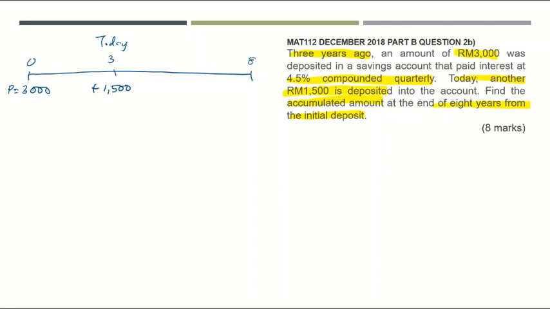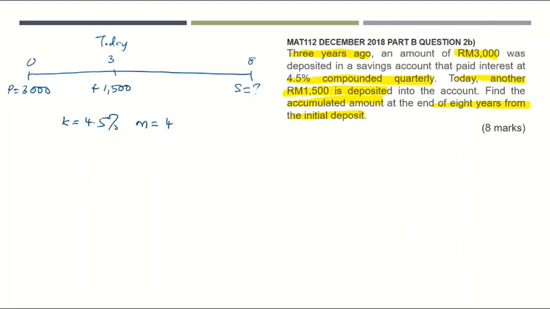The question asks how much you have at the end of 8 years, so they ask for the final amount S at the end of the 8 years. Bear in mind the given interest rate is K equal to 4.5% and M here is equal to 4 because it is given quarterly.